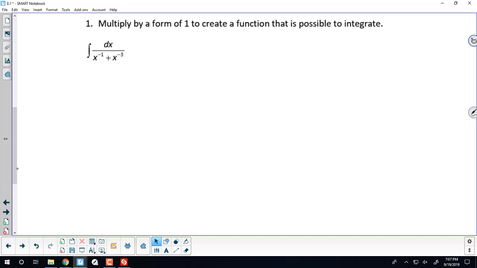Yeah, that's where I got it. Plus 2x to the 3. Yeah, then you just got what? x squared over 2 plus.